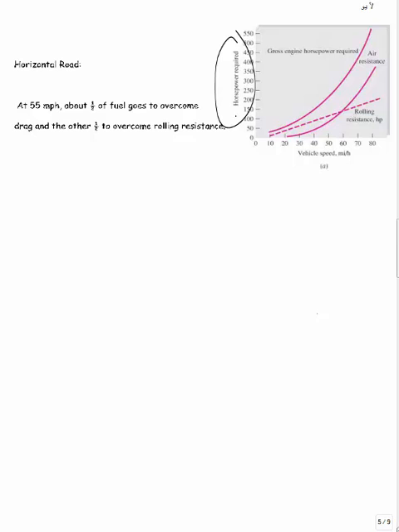At about 55 miles per hour, it's about half and half. But what this shows is power. This is not just drag or rolling resistance force. And power, if you remember, is force times distance over time, right? So it's basically energy over time. If you take that distance over time part, you realize that is the speed.